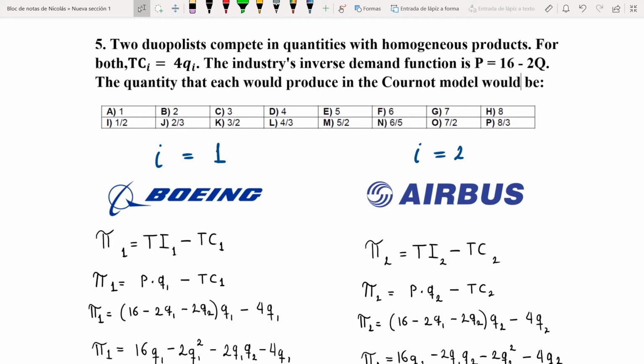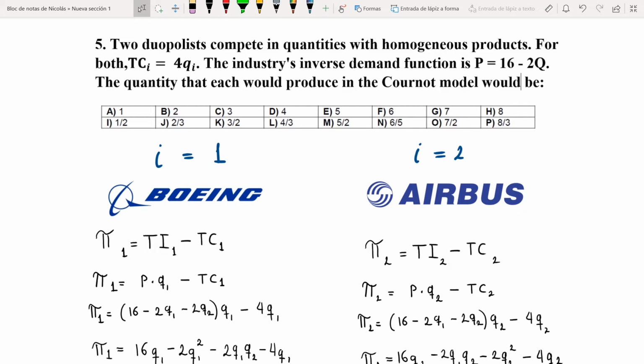To make this a little bit more dynamic, I'm going to make the assumption that firm number 1 is Boeing and firm number 2 is Airbus. In the modern market, it's really hard to find pure duopolies, but Boeing versus Airbus is maybe the purest and most precise duopoly we can find.